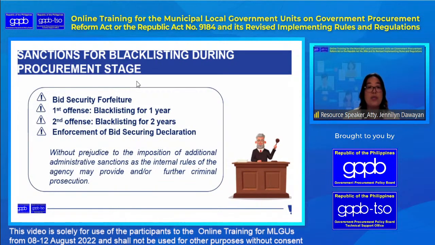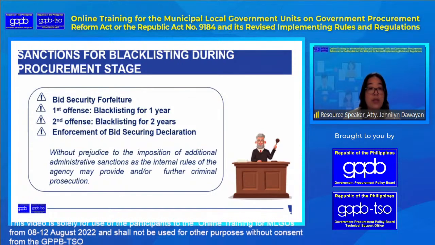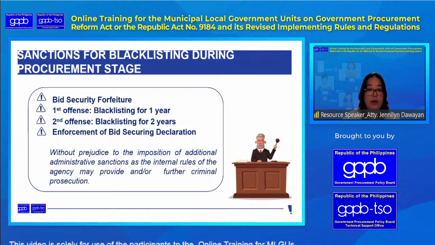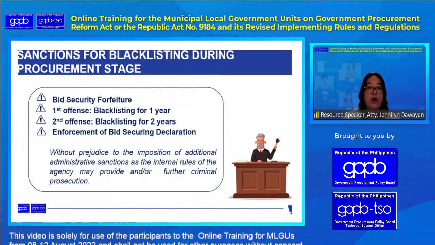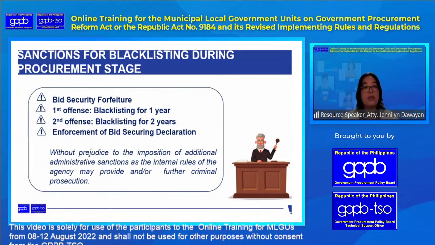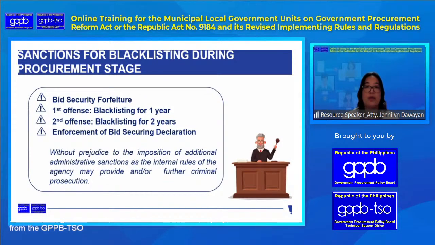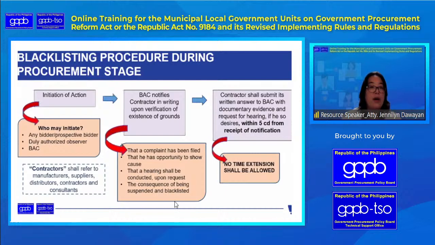And these ones are, you know, without prejudice really to imposition of kung may mga administrative sanctions pa na tinitignan, in relation to other laws that can subject the bidder for criminal prosecution.